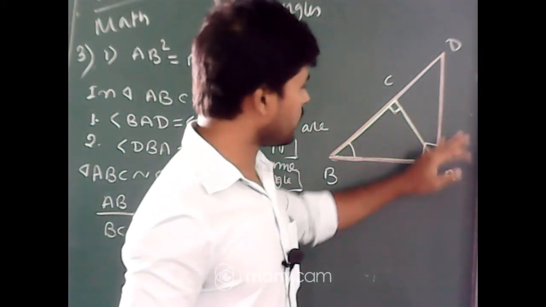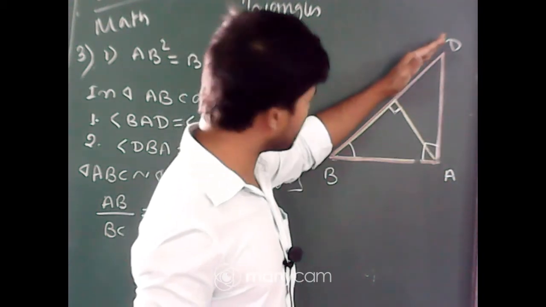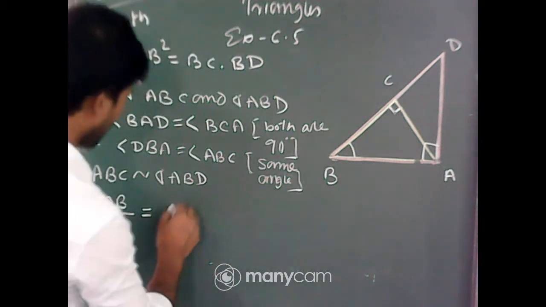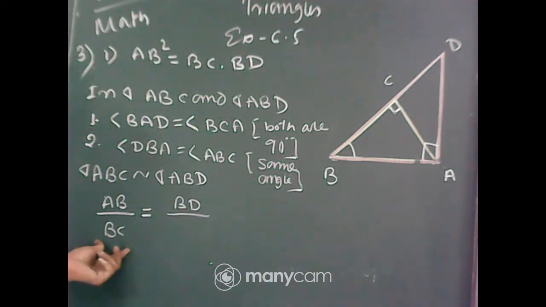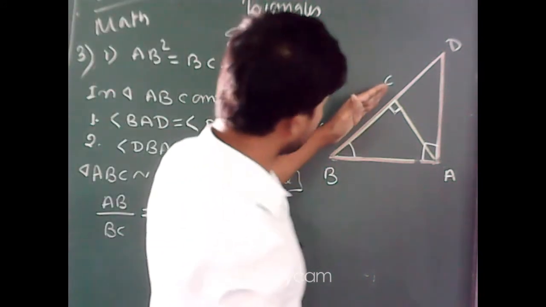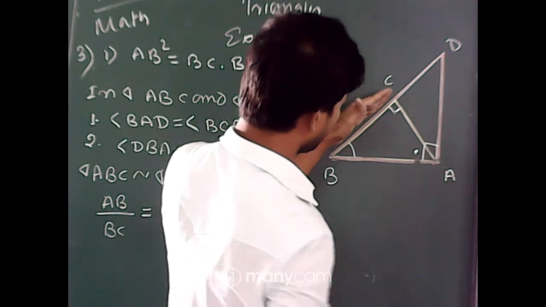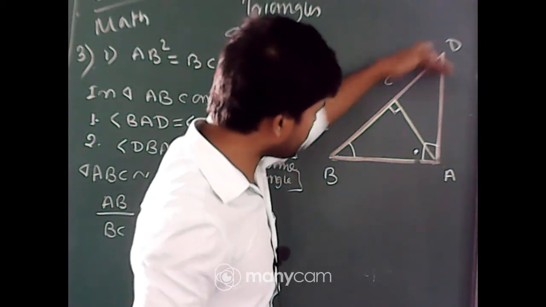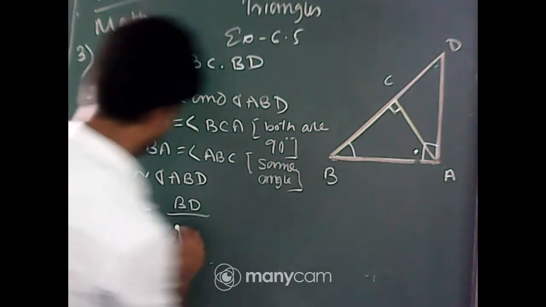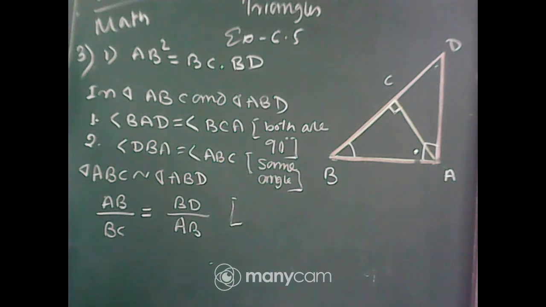In the triangle ABC, the 90-degree angle is this, so its opposite side is BD. So AB and BD are corresponding sides. Similarly, BC is opposite of this angle, and the opposite of this equal angle is AB. In similar triangles, the corresponding sides are in the same ratio.